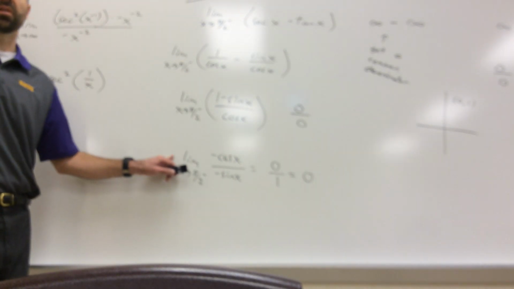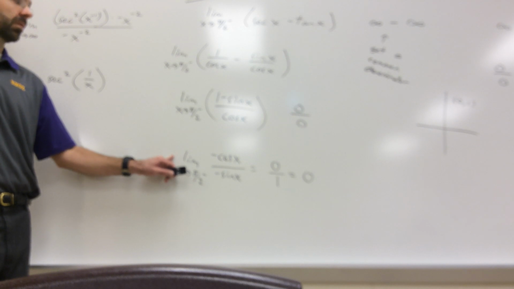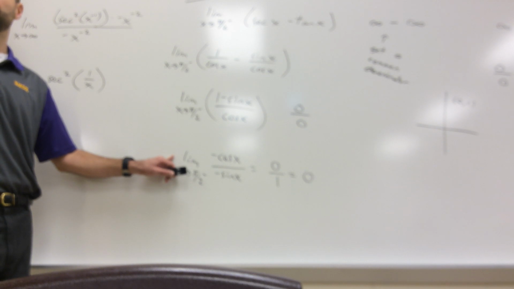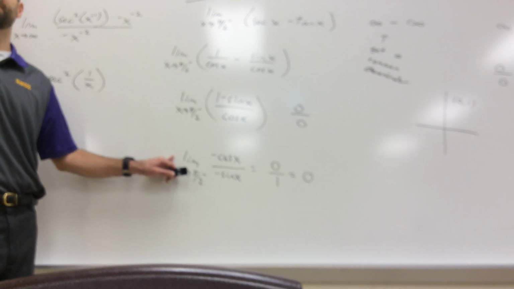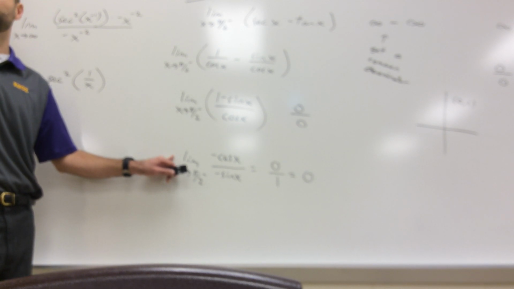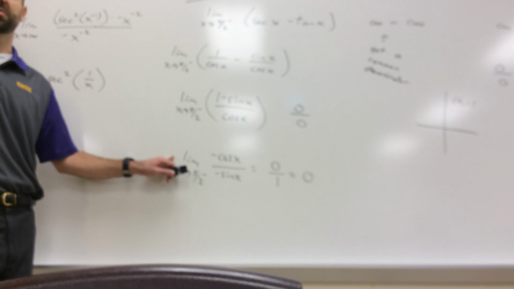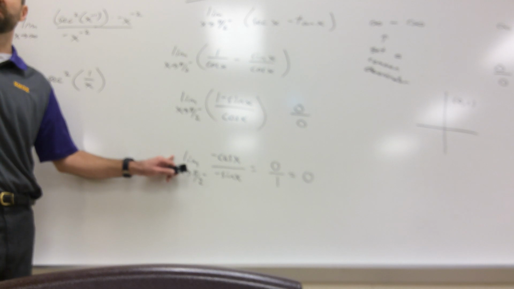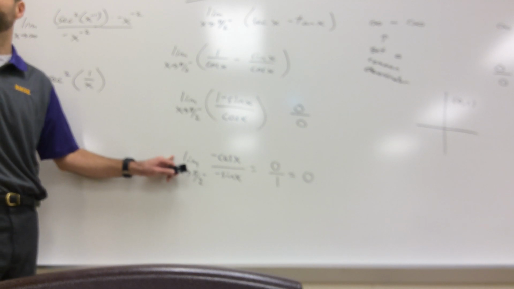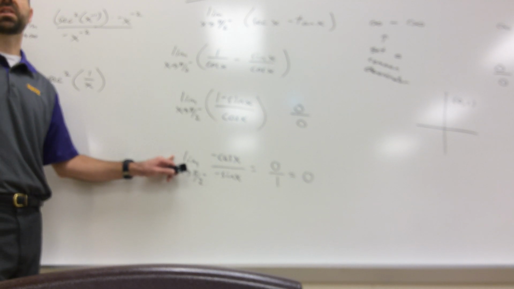So final answer is 0. So this time it turns out infinity minus infinity was 0. But that's not a universal fact. There could be a different infinity minus infinity which would come out to 7. There could be a different one that came out to 2.